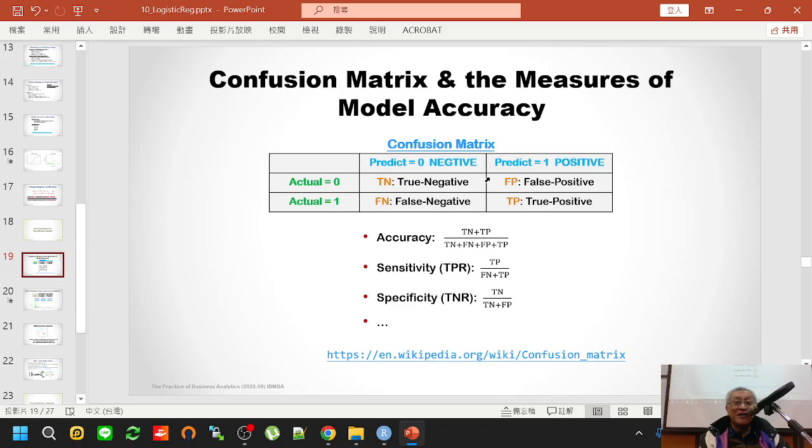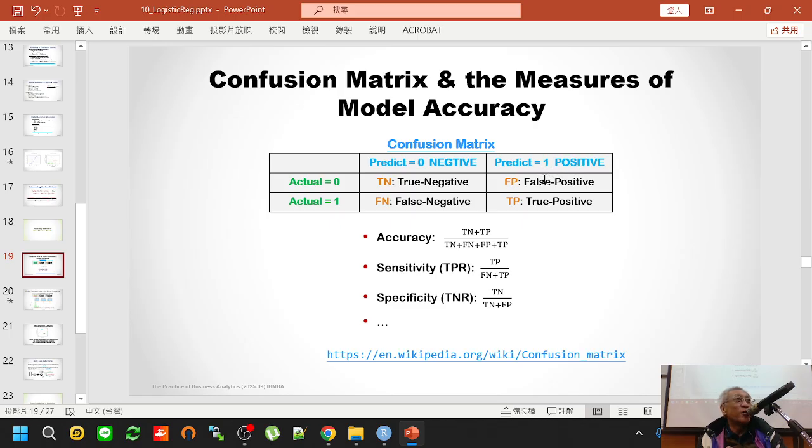Traditionally, when we do the prediction, we treat every point that has a probability higher than 0.5 as positive.